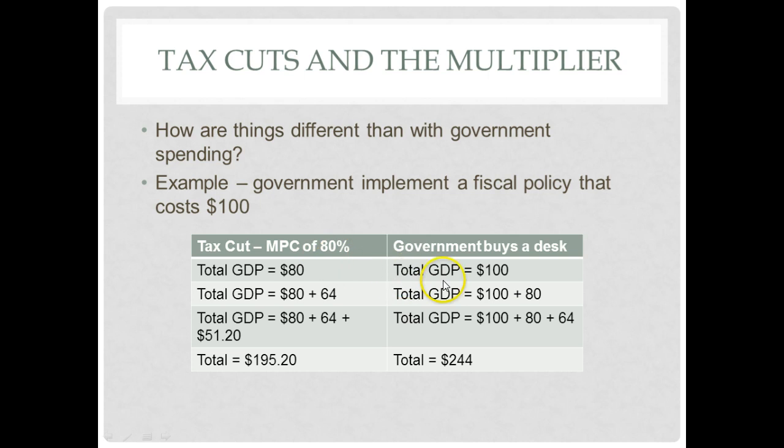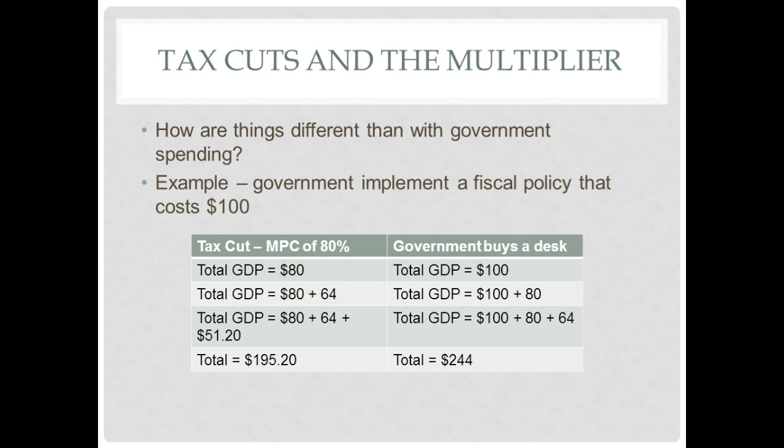In our example over here, the government spent the $100 and all $100 went into moving through the economy. But in this case, by cutting his taxes by $100, we only get $80 into the economy, because the desk maker saves 20% of it.